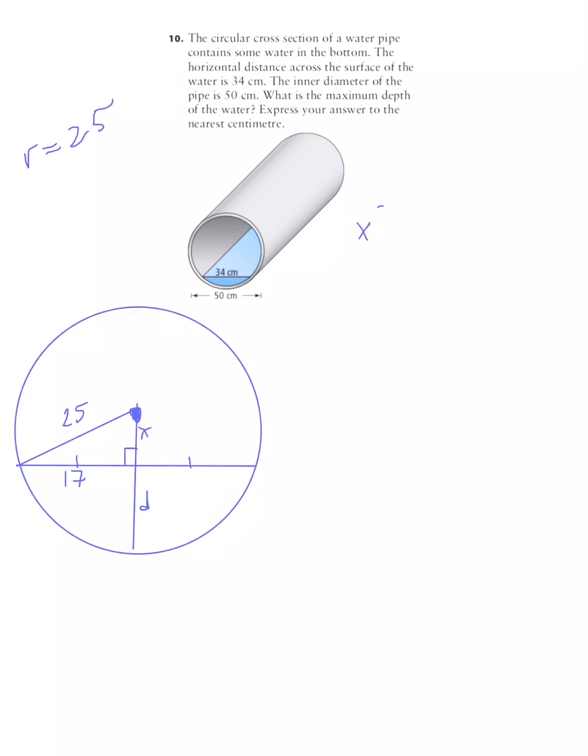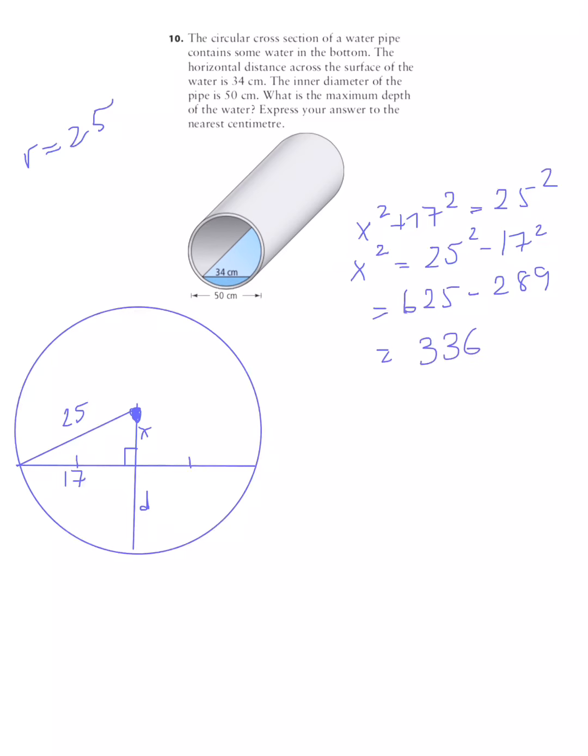We have x squared plus 17 squared is 25 squared. x squared equals 25 squared minus 17 squared. Solve that out: 625 minus 289, and I get 336 for x squared. We'll square root that, and x is equal to 18.3.